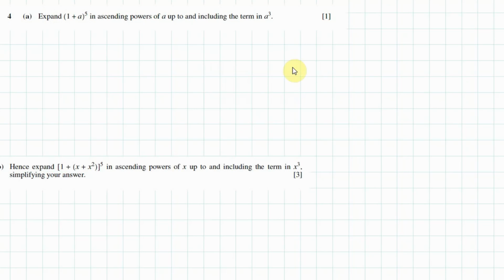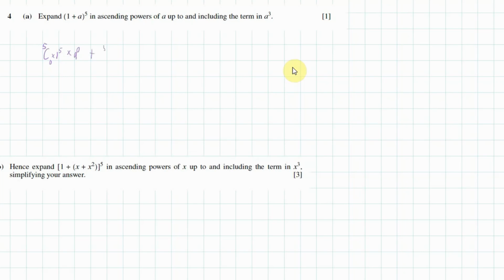So we're expanding (1 + a) all to the power of 5 in ascending powers up to and including a to the power of 3. So 5 choose 0 times 1 to the power of 5 times a to the power of 0 as our first term.